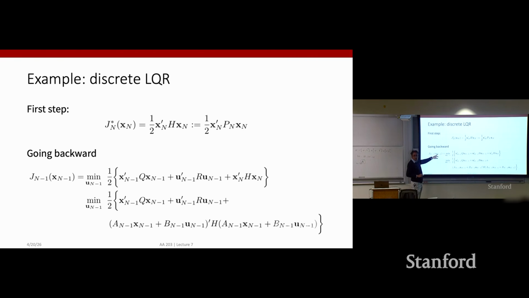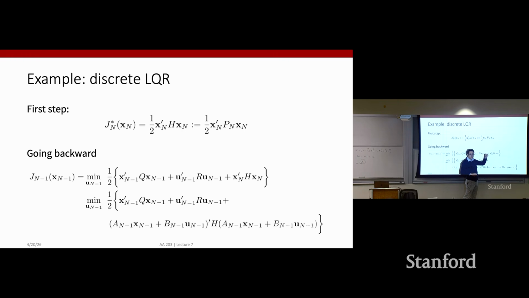If this is one-dimensional, and between 0 and 10, discretizing with step 0.1, I would do it for state x equal to 0, 0.1, 0.2, 0.3, all the way to 10. For each one of them, I try to find a control at time n-1 that minimizes the immediate cost, which is quadratic in x_{n-1} and quadratic in u_{n-1}, plus the optimal cost to go, J*_n(x_n), which in this case is simply 1/2 x_n transpose H x_n.